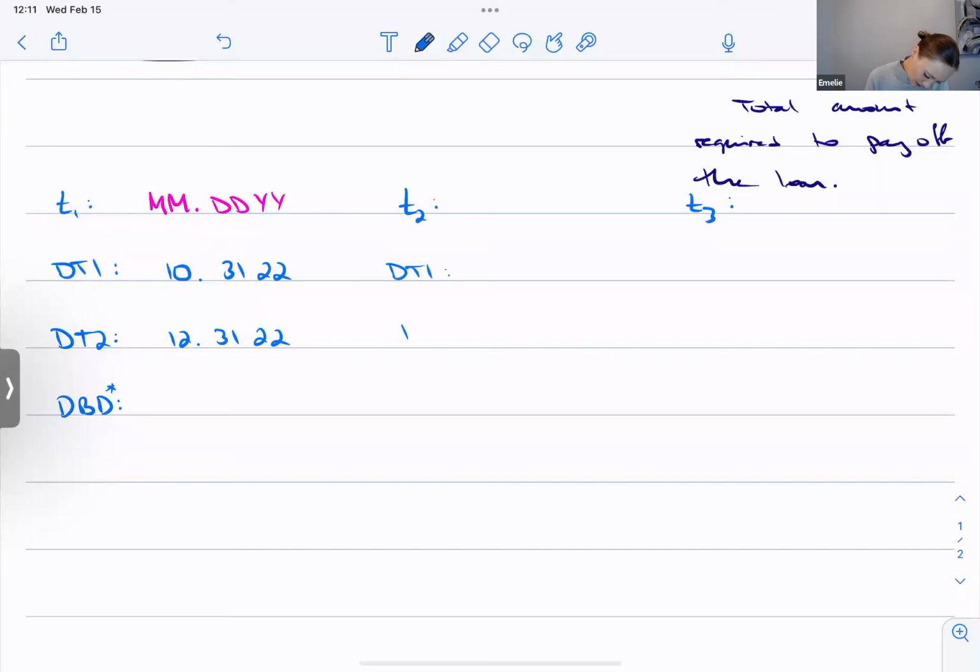Same thing: date 1, date 2, and the days between dates, which again is what I'm solving for. What's really nice here is that date 2 doesn't change, so you don't need to re-enter it every time. You can just flip back and forth, change date 1, and go back to days between dates and calculate it.